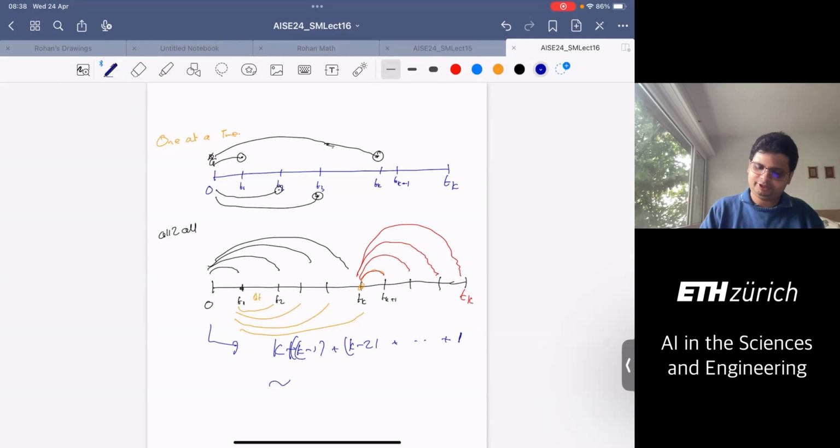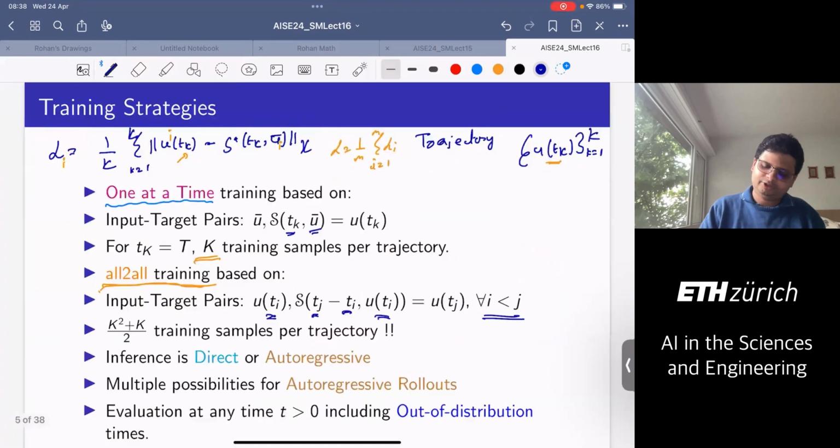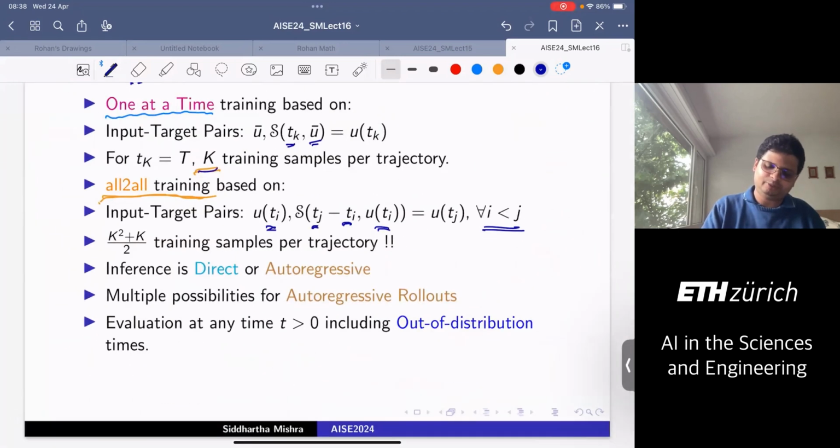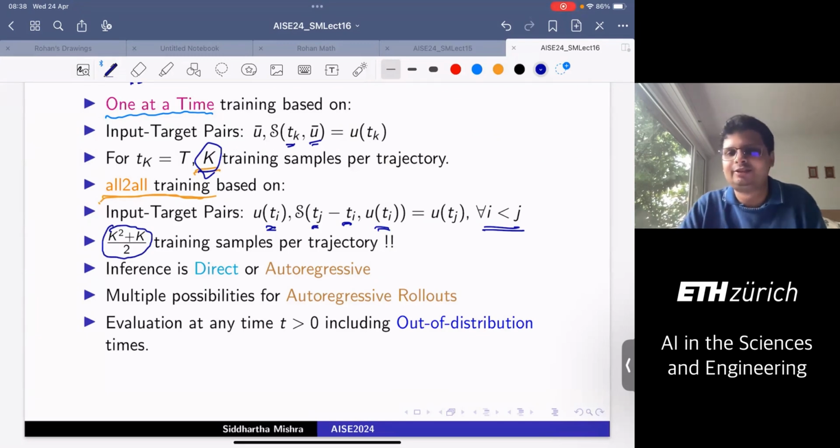And this sum is K times K plus 1 over 2. So the data content in the trajectory earlier was just linear, K training samples per trajectory. Now you have on the order of K squared training samples per trajectory. It's a dramatic augmentation of your data, and you do this for free in the sense that this data is already there.